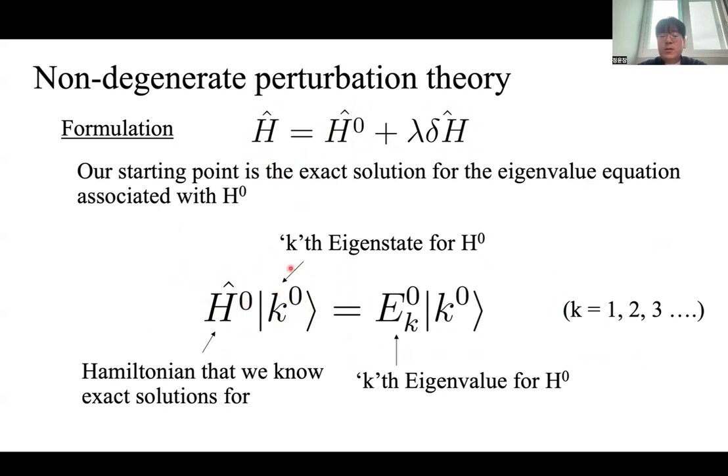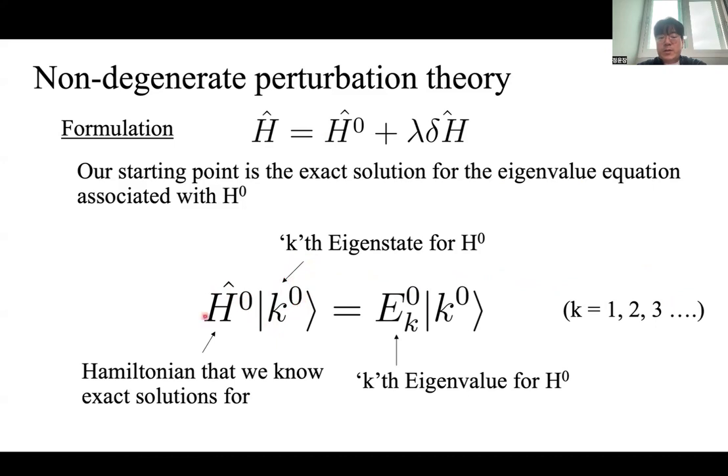I know that they have multiple eigenstates, so I'm going to call them the kth eigenstate. This k is just an integer. It could be my first eigenstate, second eigenstate, third eigenstate, and so on, just like for the infinite quantum wall problem. And then I have this 0 as a superscript here just to denote that these eigenstates are coming from this H0 operator. So I have this superscript 0 here, okay?